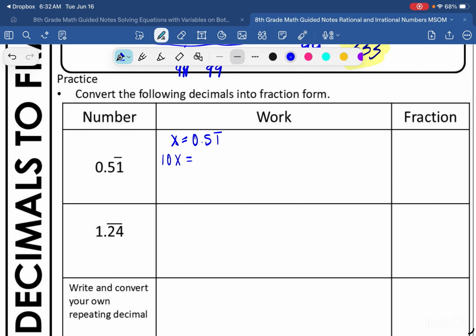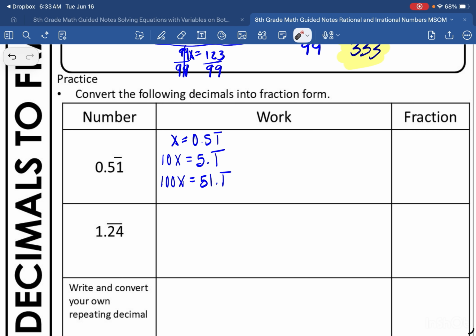So 10x is, move my decimal over one spot, 5.1 repeating. And I'm going to need to do it again because I can't use this x one because the 5's over there. So multiply by 10 again. I get 100x equals 51.11 repeating. And I can use these two equations right here because my decimals here will cancel out.